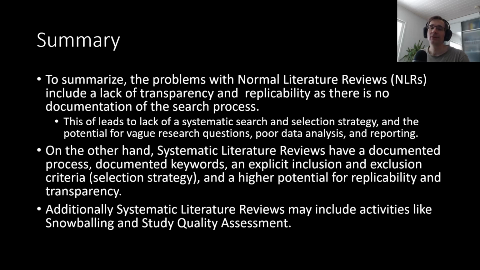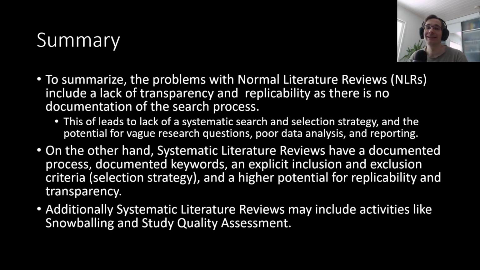On the other hand, systematic literature reviews have a documented process, documented keywords, explicit inclusion and exclusion criteria, and higher potential for replicability and transparency. Additionally, a systematic literature review may include activities like snowballing and study quality assessments.